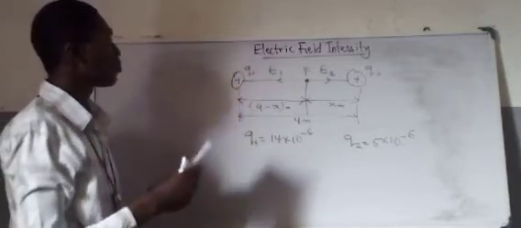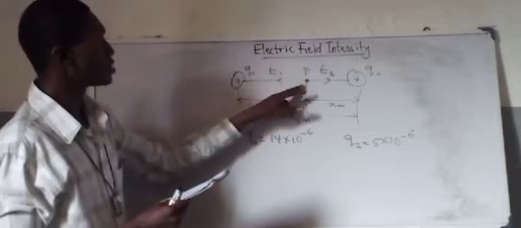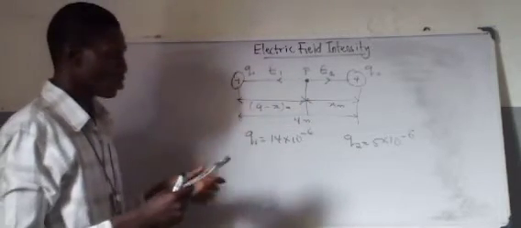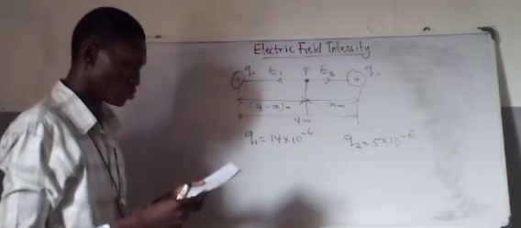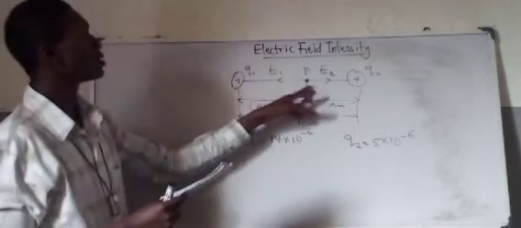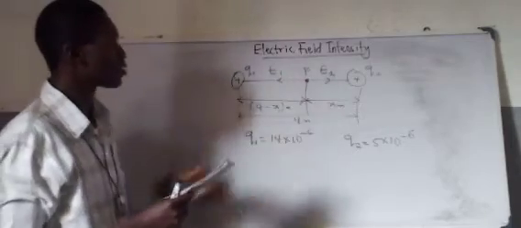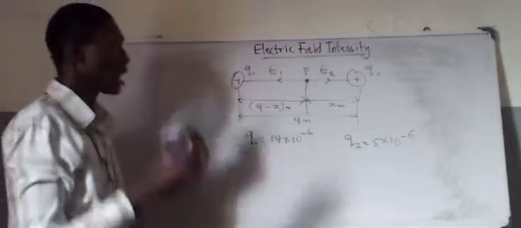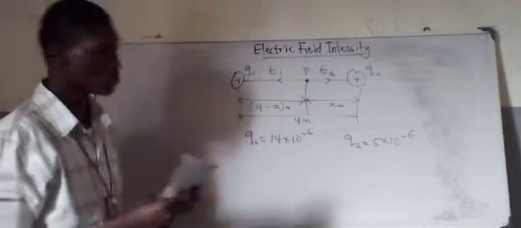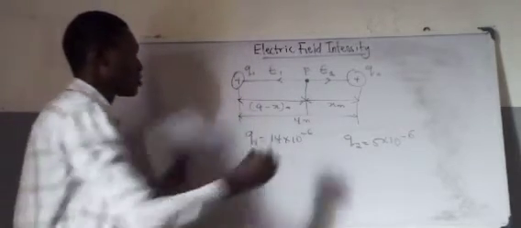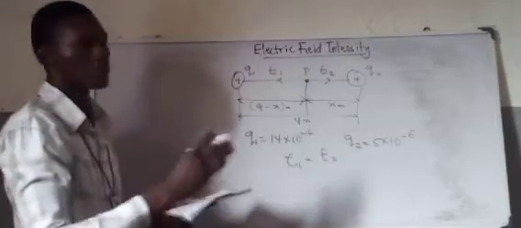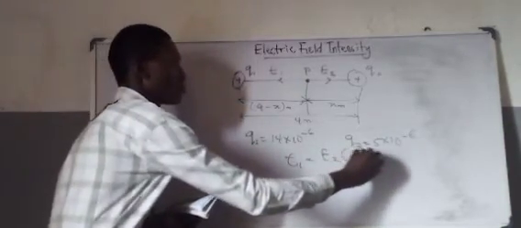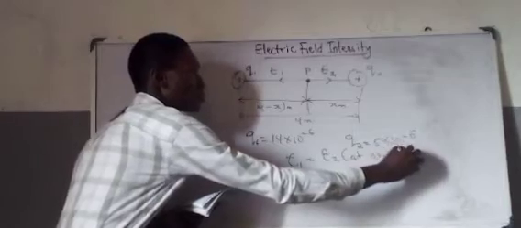So basically, applying it in our equation, we'll discover that E1 will be equal to E2. At every neutral point, because there is 0 intensity, E1 is equal to E2.